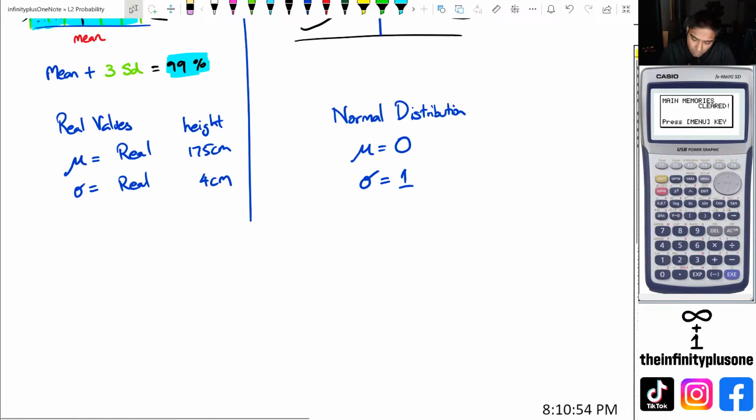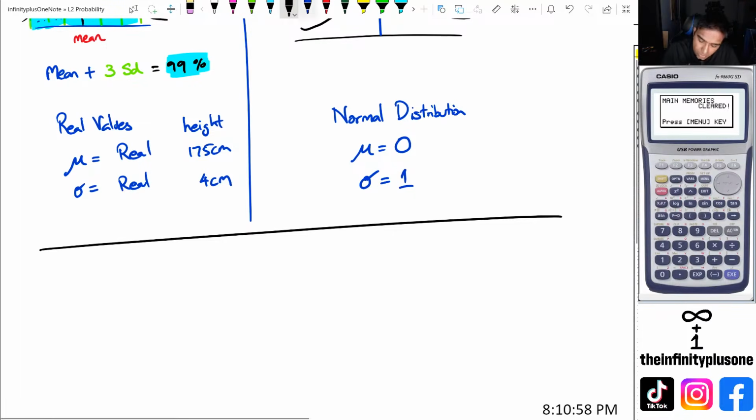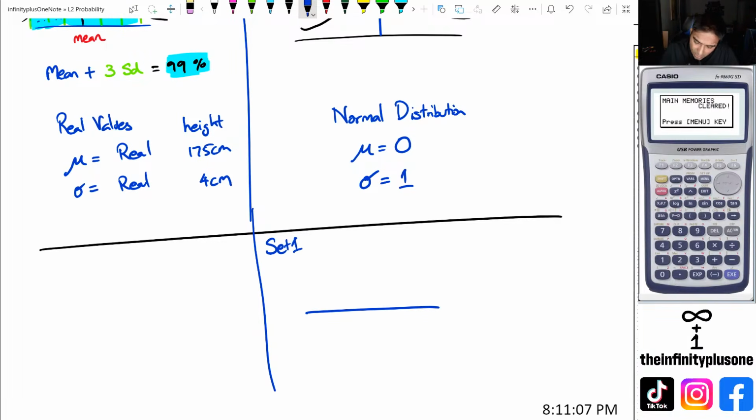Okay, so we're going to do a couple of quick examples, just looking at how to find it when it's just a normal distribution. Let me put this as set one, example one. Let's say I want to find the probability between 0 and 1.2.